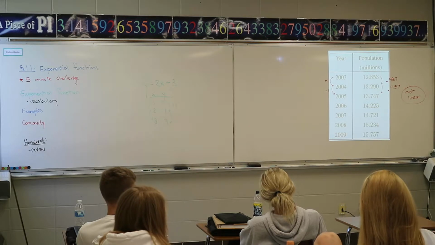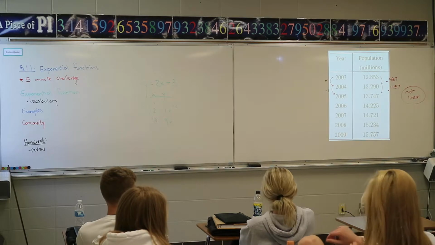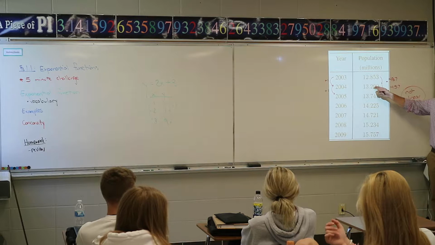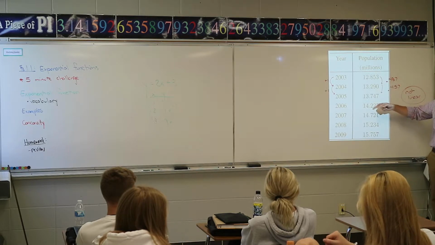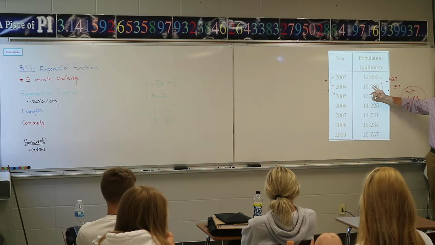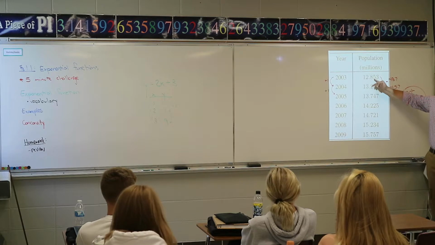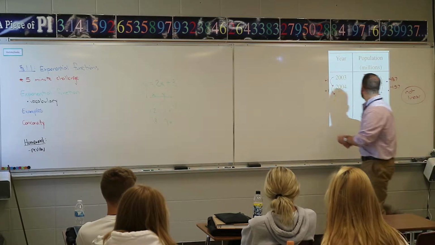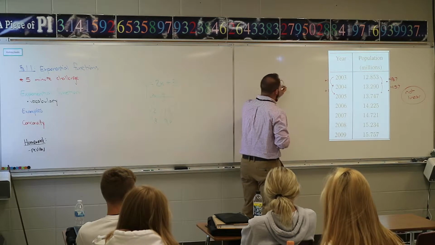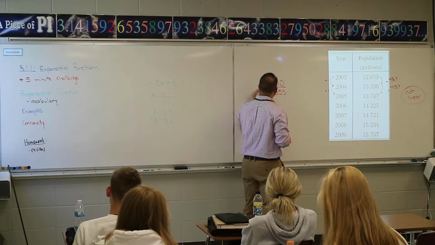Alright, now, to show if it truly is exponential, what I'd like you to do is divide, take the top number, or I should say the bigger number, because it's going up, so this is a growth problem. I want you to take the 13.29 and divide by the number that was below it, 12.853.